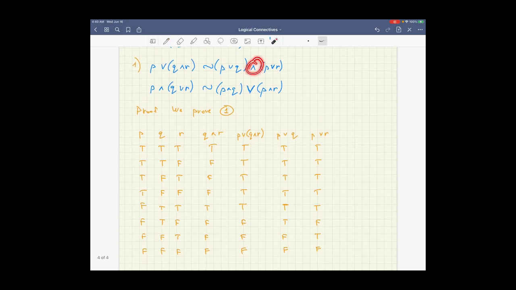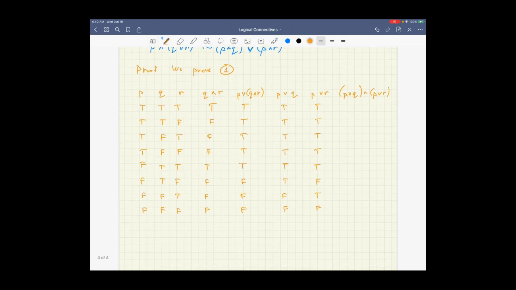And now we consider the AND statement of the last two columns, P or Q and P or R. Again, the AND statement is true if and only if both arguments are true. So we have true in the first four lines, false here, false here, false here, and false here.